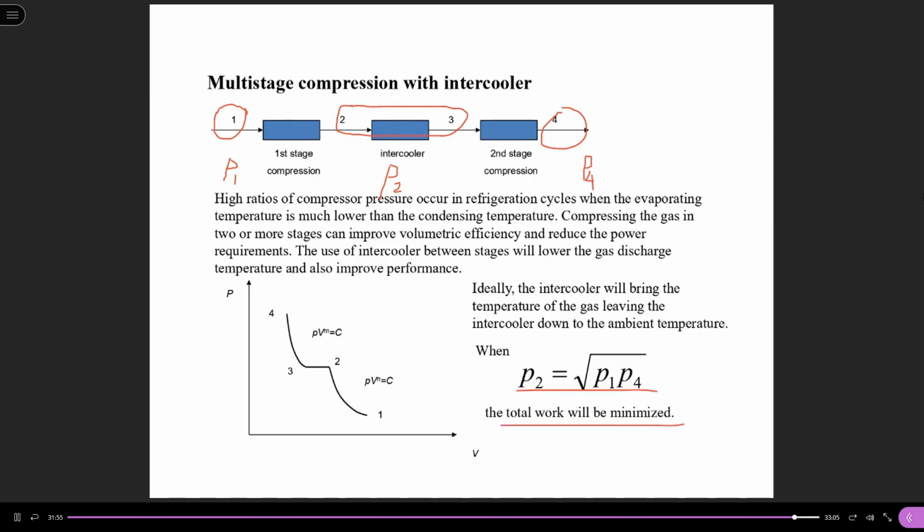We have examined this, I think, during our in-class test 1. However, we have to understand we have an intercooler to cool down. Usually it is compressed, the delivery temperature is very high, then we cool it back down to the ambient temperature again. So a similar question will be examined in our in-class test 2.